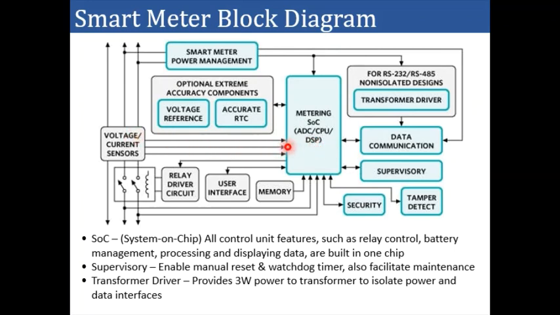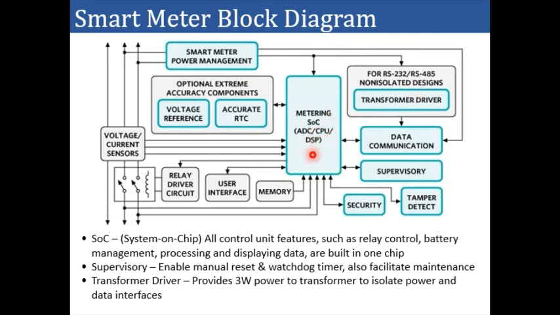So the information you acquire using voltage and current sensor, and then the metering SOC will process the information. Metering SOC will get power from the line. So you have the smart meter power management circuit which will supply power to the metering SOC as well as the driver circuit. This driver circuit is required for the isolation of power circuit and the communication circuit, and the required communication section is enabled for sending the data over a network.